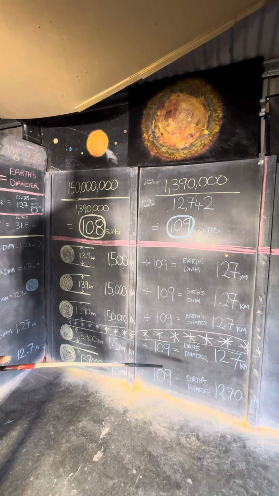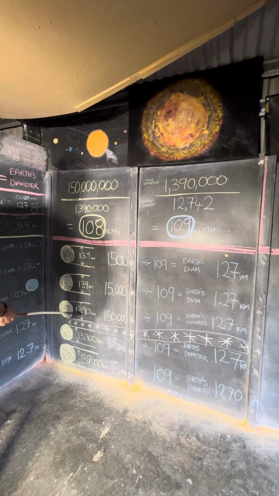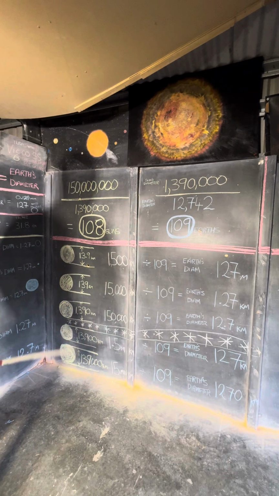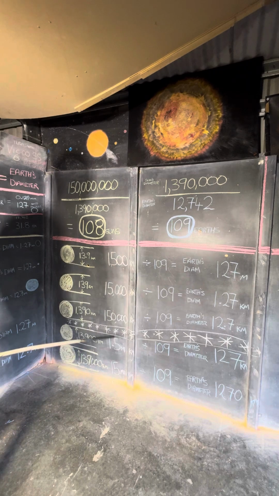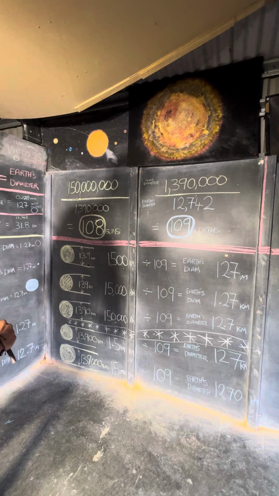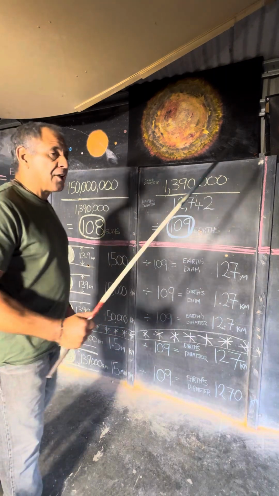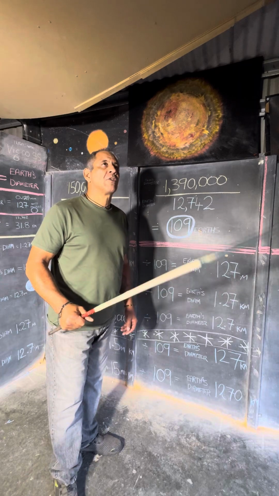Jupiter's what, 138,000 something, right? The sun has a diameter of 1,390 kilometers. Of course we're going to see it because it's the exact same ratio as all of the others. Earth 12.7, and now comes the beauty.